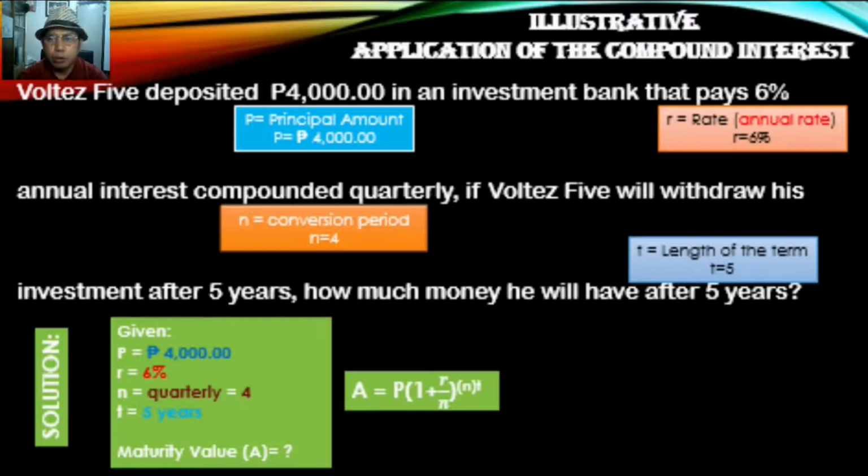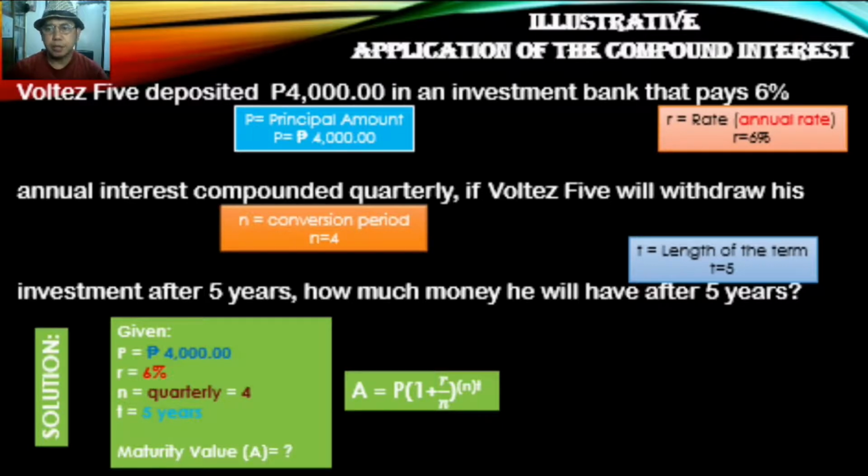Now, what are you going to make use of? Of course, use the general equation for final amount or maturity value, which is equal to the product of the principal multiplied by the quantity 1 plus the quotient of rate over the conversion period, raised to the product of the exponent n and t, which is conversion period multiplied by time.